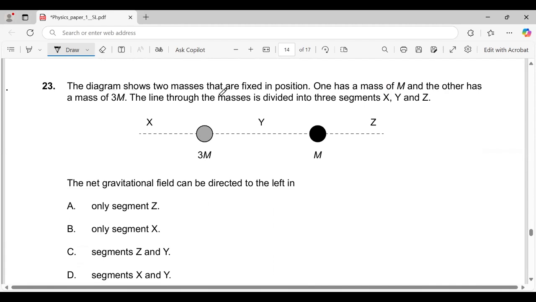The line through the masses is divided into three segments, X, Y, and Z. The net gravitational field can be directed to the left in, of course, X, the direction will be to the left, and Y as well, because 3m, this object has a mass greater than m. So Z and Y direction will be to the left. And the answer is this one, C.